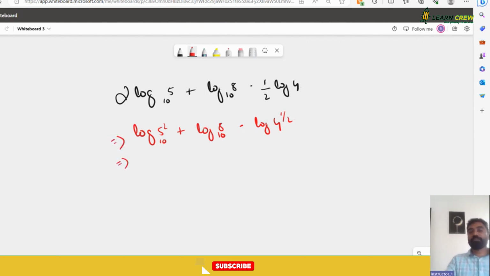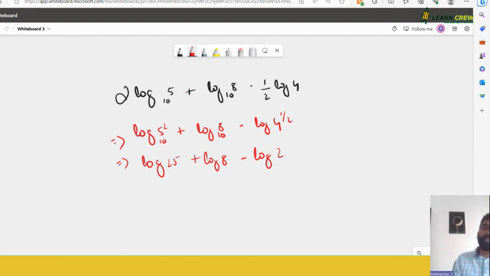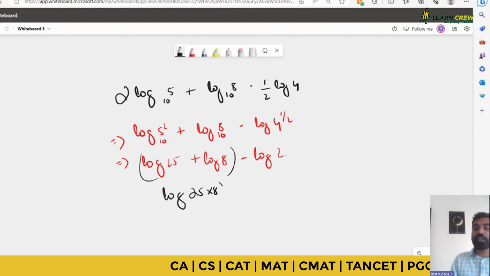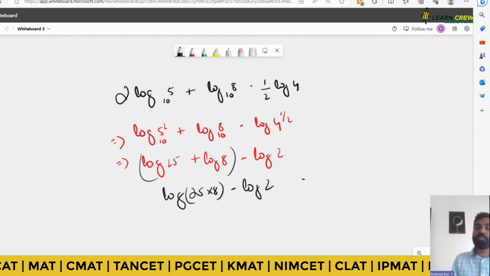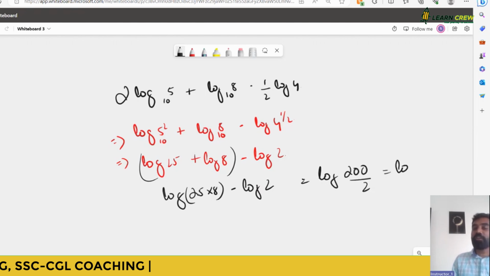You can do it this way: log of 25 plus log of 8 minus log of 2. Either do this divided by this first or this into this first. 25 into 8 is 200. Log of 25 into 8 minus log of 2, or this can be written as log of 200 divided by 2, or log of 100.